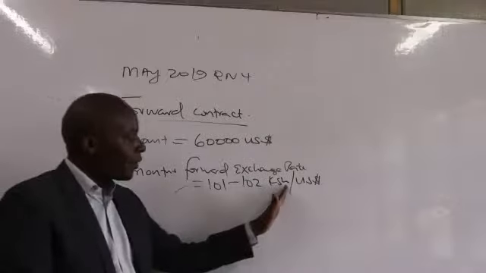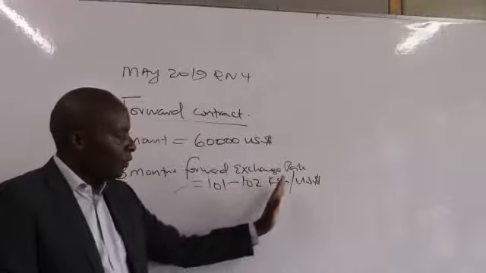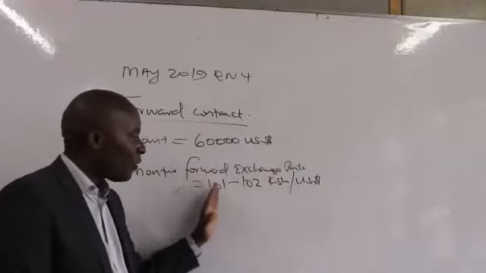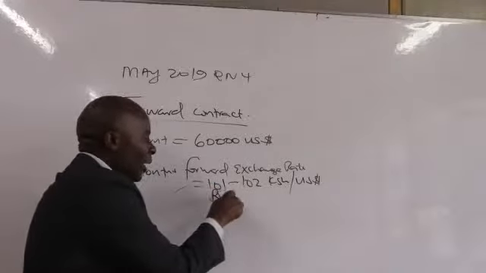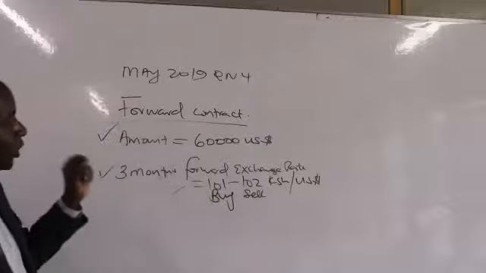Look at the currency. The Kenya shilling is on the left-hand side. If the Kenya shilling is on the left-hand side, the figure on the left becomes buy. The other figure becomes sell. Ladies and gentlemen, listen to me very well.